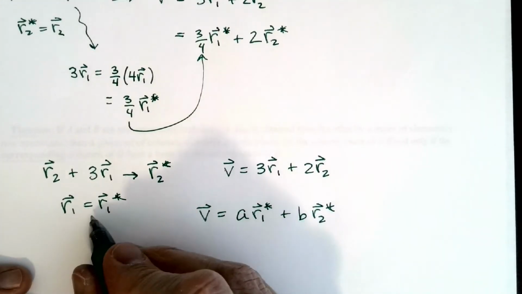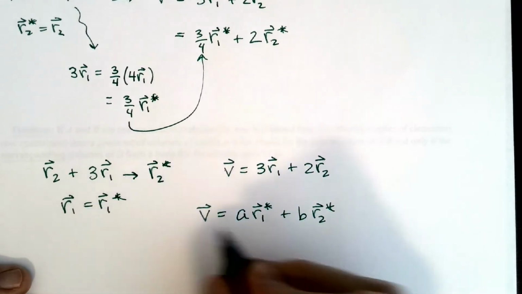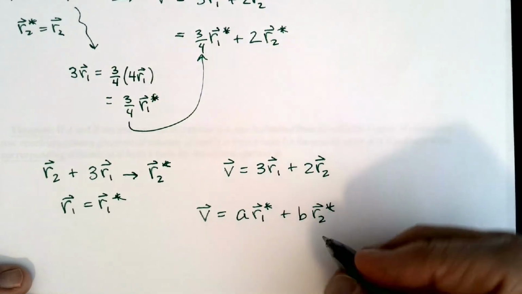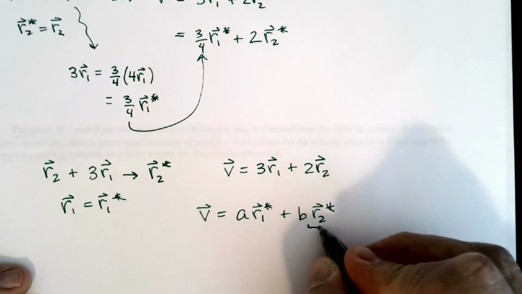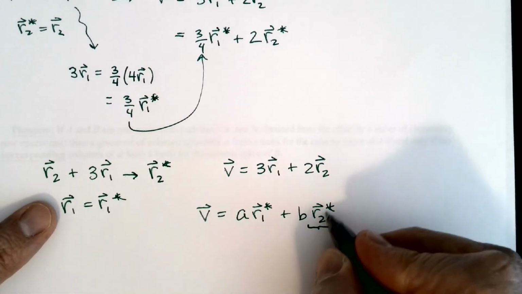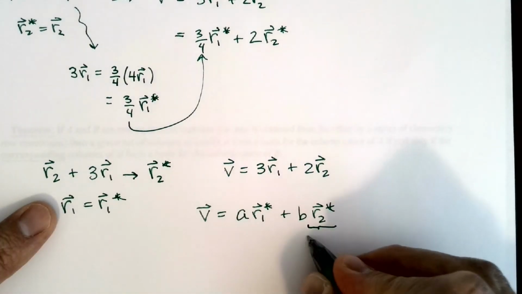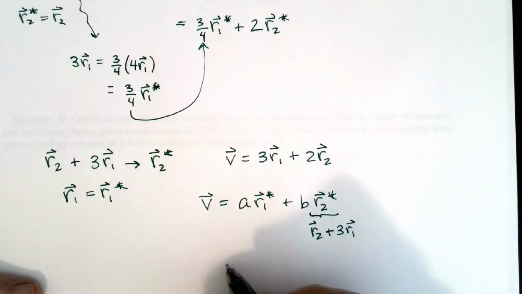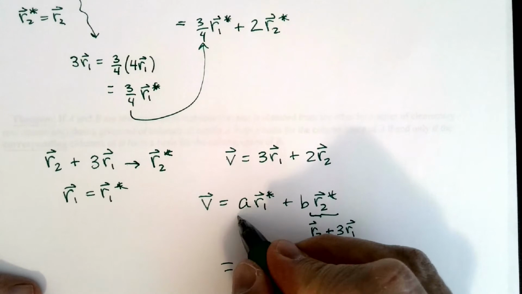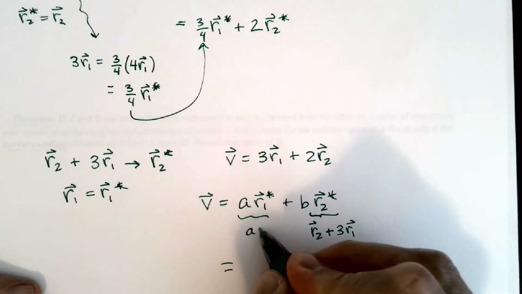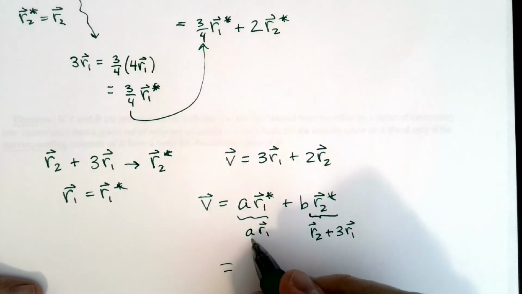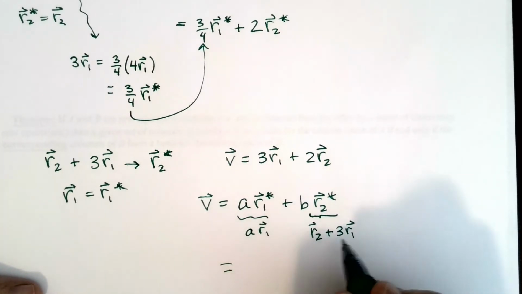Well, again, we see row 1 is the same here, and row 2, what do we need this to be? Let's go ahead and write it out, right? The new row 2 is now row 2 plus 3 row 1, right? So what do I have here? This is just A times row 1, because row 1 doesn't change. So what do I got? Combining like terms, I got A row 1 plus 3 row 1.